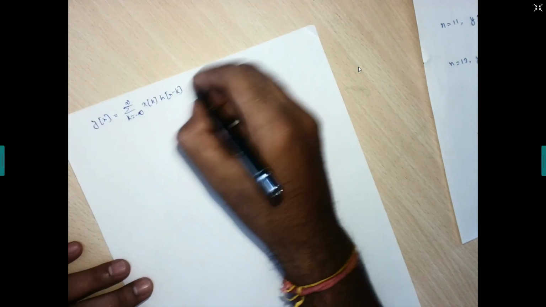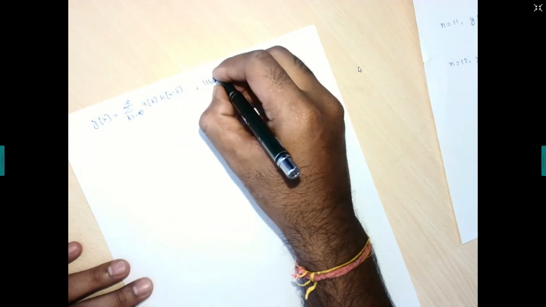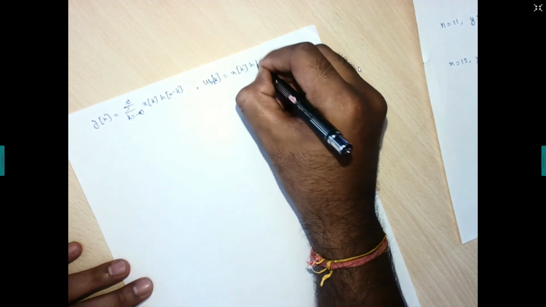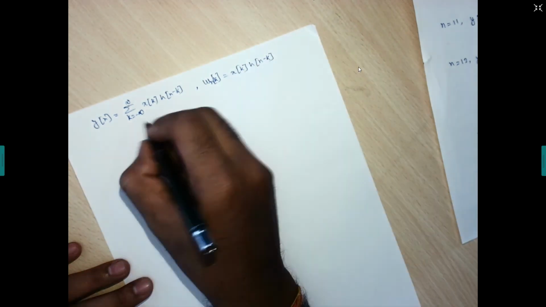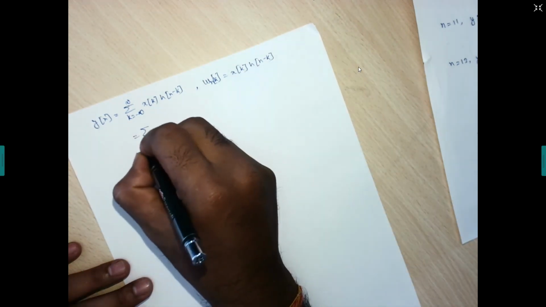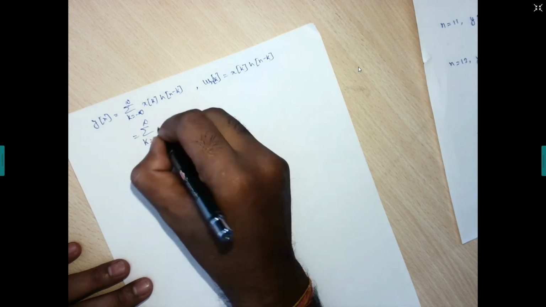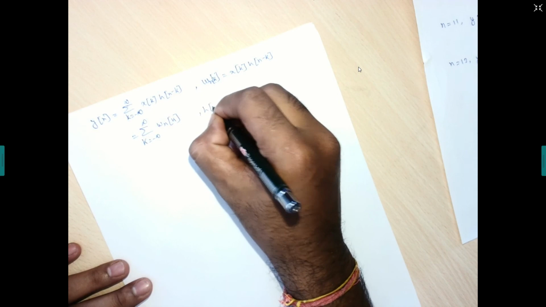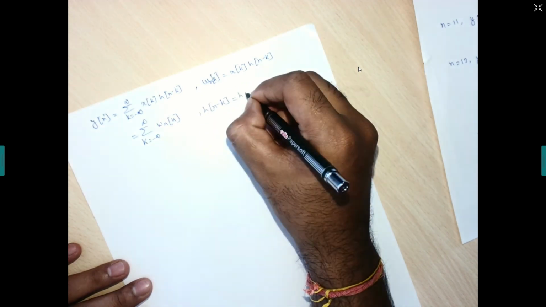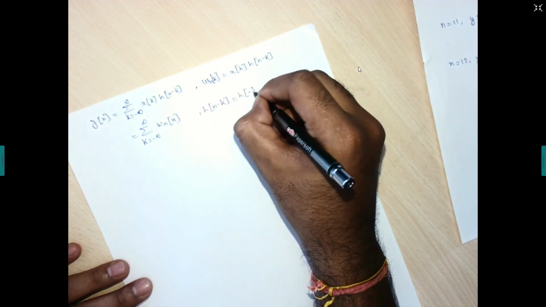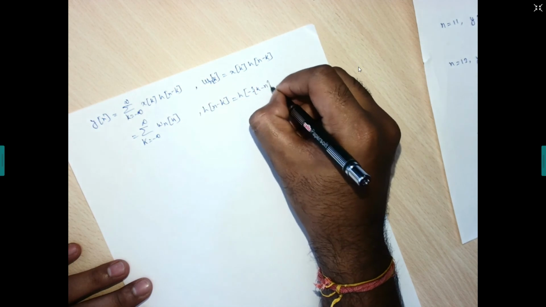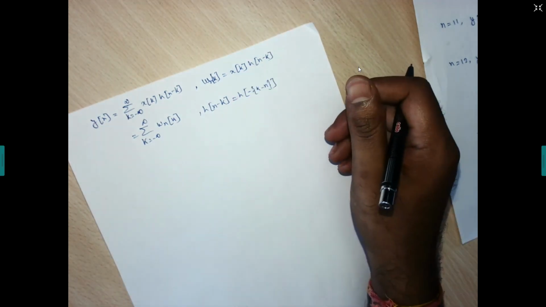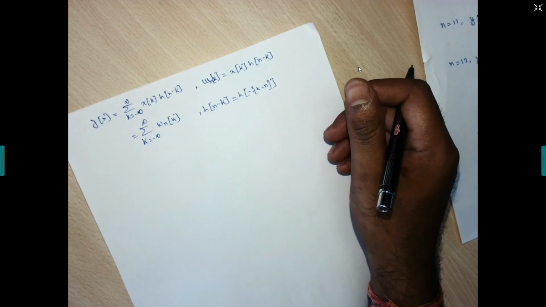So here we have been considering an intermediate signal w of n, k as x of k, h of n minus k. So this y of n will be the summation of this w of n, k. So what is this h of n minus k? We have been representing this h of n minus k as h of minus of k minus n, like this. So what we are doing? We have been reflecting this h of k, then we have been shifting by n positions.